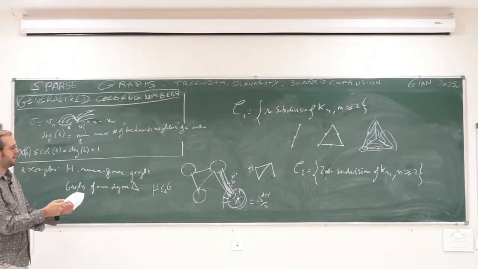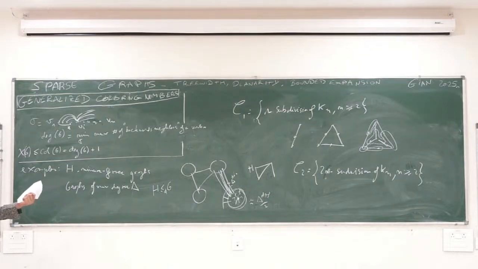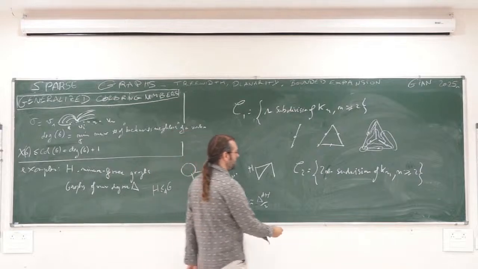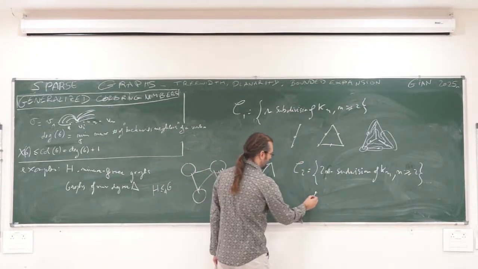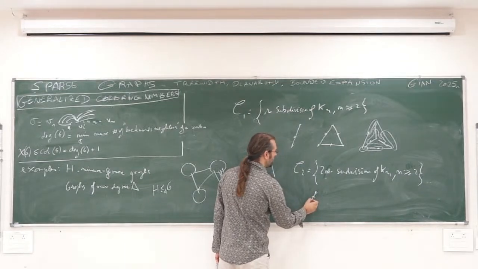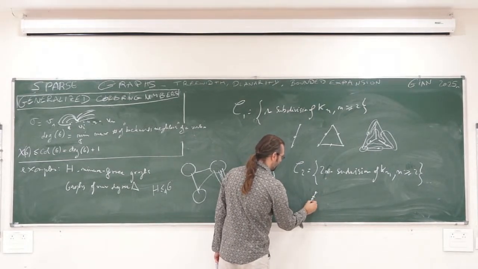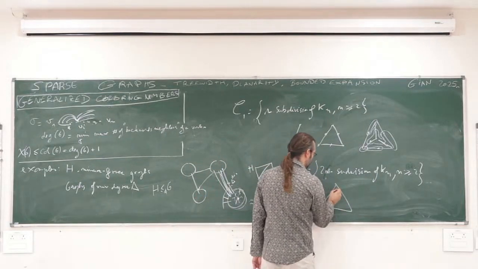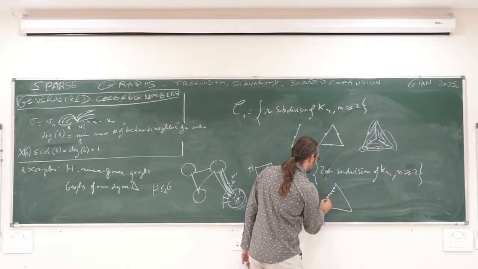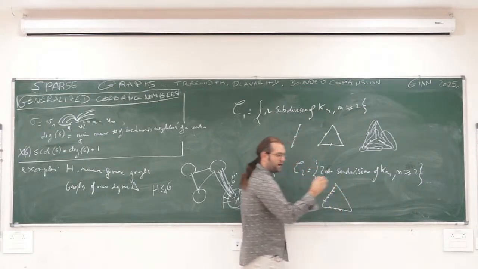I'm making it so the bigger my clique, the bigger the number of subdivided vertices. So if n equals 2, 2n is like 4, and then for 3, it will be 6. So I'm subdividing, but the bigger I go, the more I subdivide.